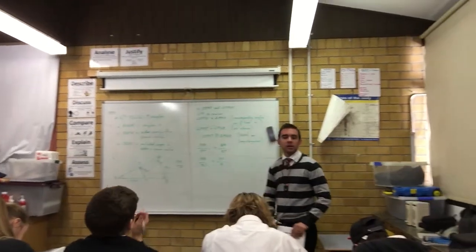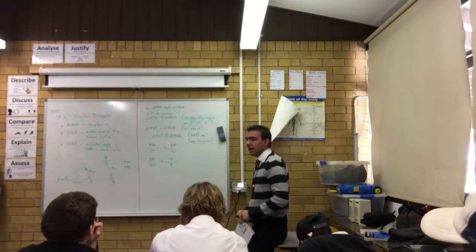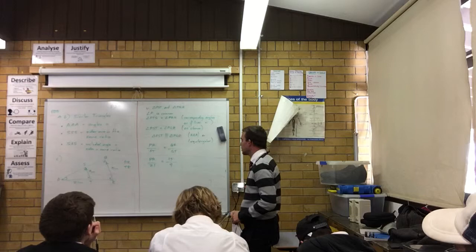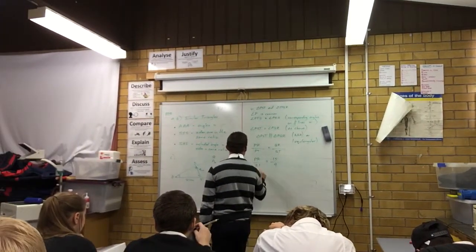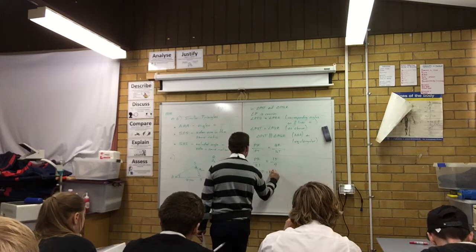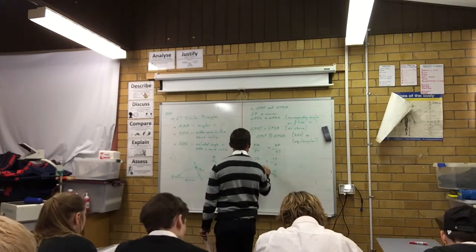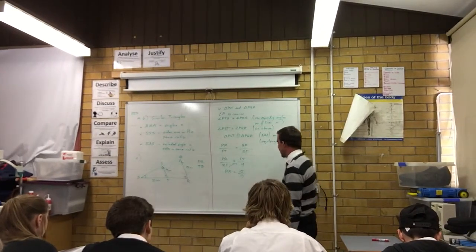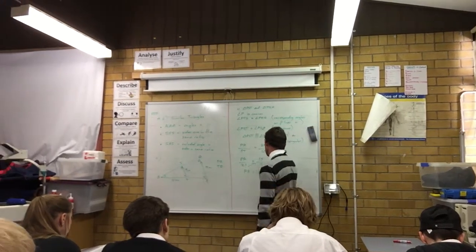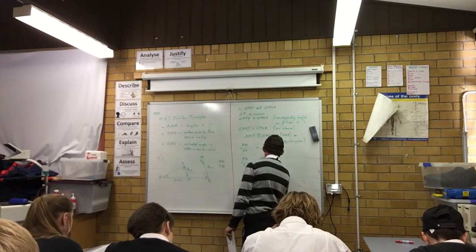And look at that, we have algebra there, which is always going to be part of every single topic. So solving, PR is going to be 15 on 9. We're going to bring that up to the other side. We're dividing by 21 on this side, so on the other side I'm going to multiply by 21.